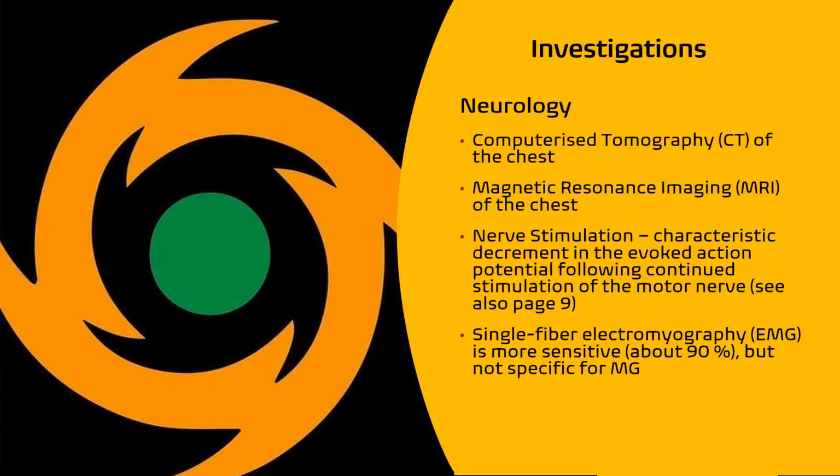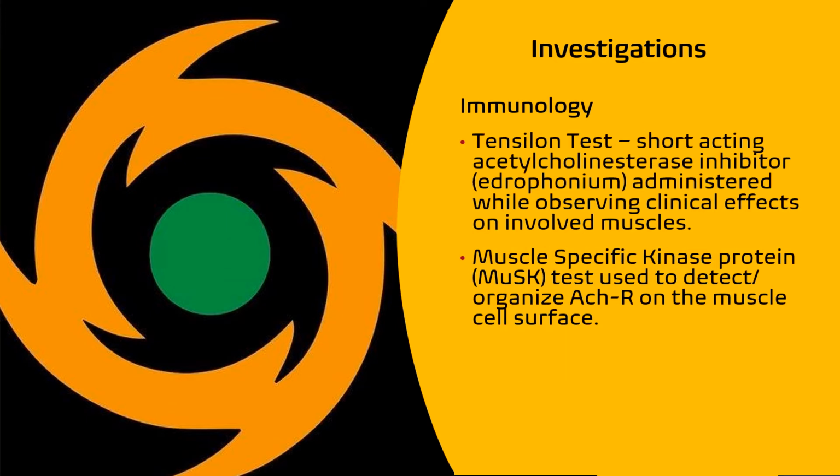There can be nerve stimulation as a way to identify characteristic decrement in the evoked action potential following continuous stimulation of the motor nerves, and single fiber electromyography, or EMG, can be quite helpful, and is generally sensitive in around 90%, but unfortunately not entirely specific for myasthenia gravis.